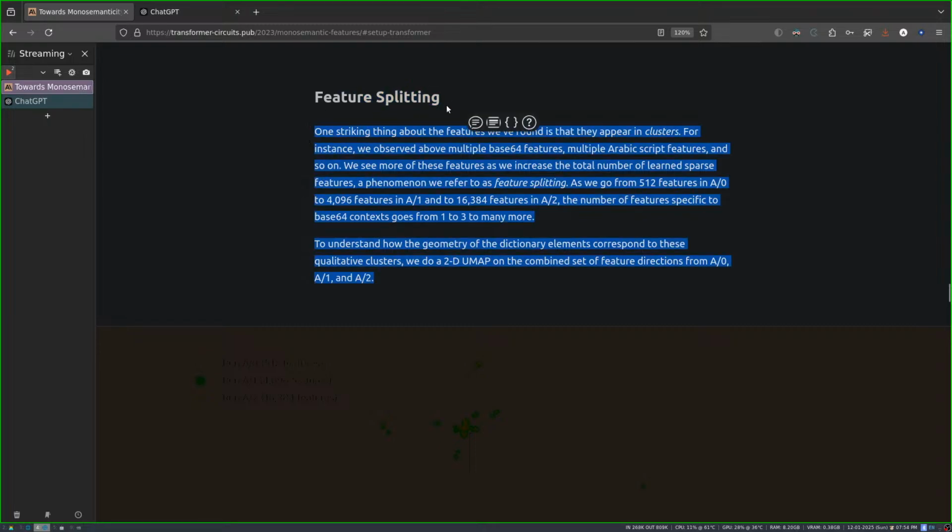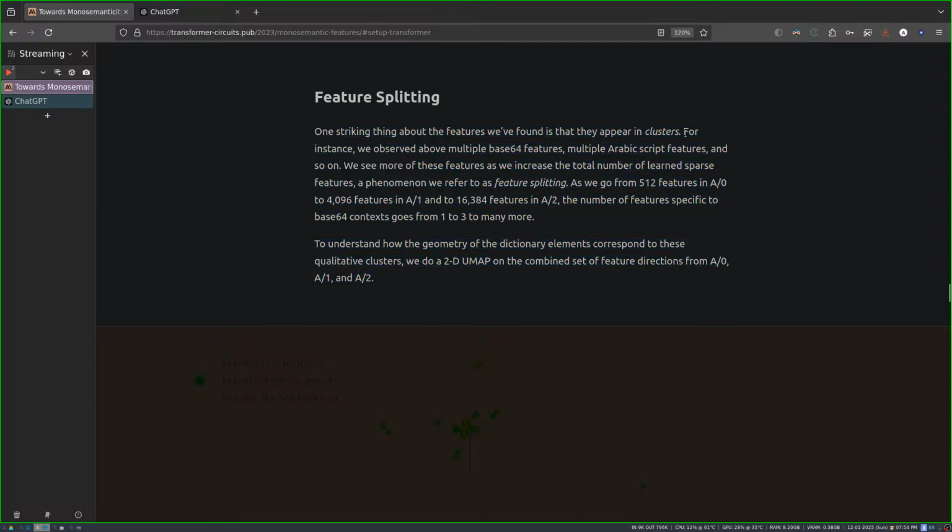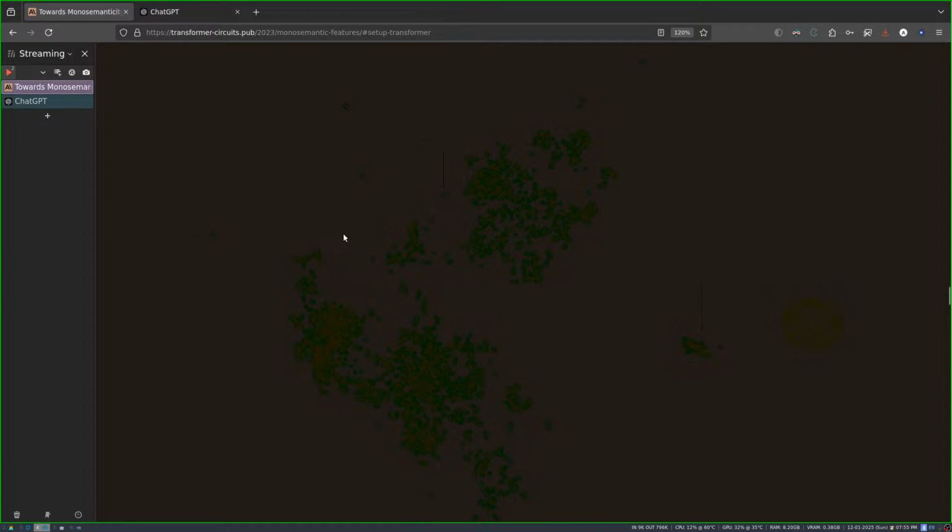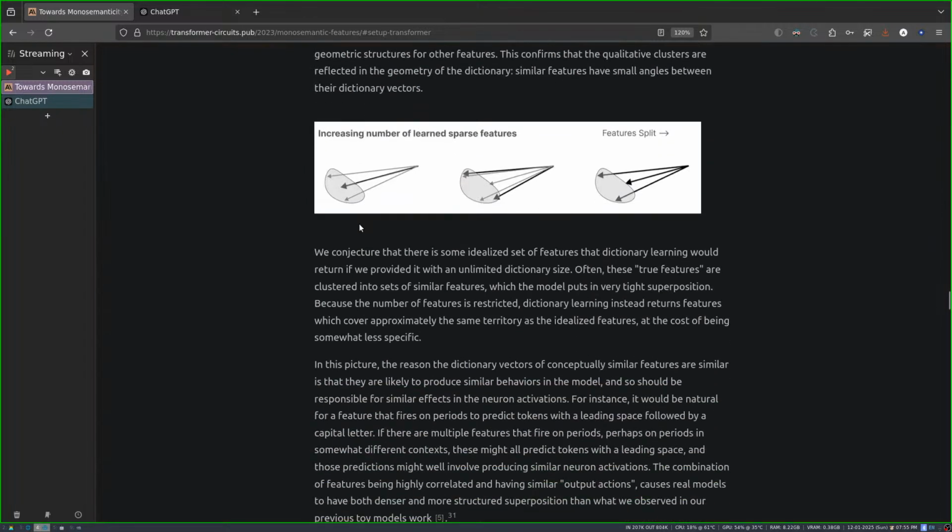Feature splitting. We conjecture that there is some idealized set of features that dictionary learning would return if provided with unlimited dictionary size.